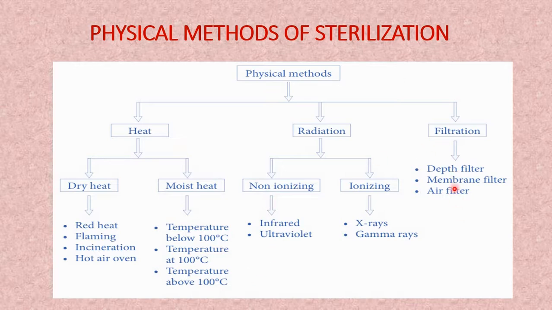Depth filters and membrane filters are mainly used in liquid filtration, that is liquid sterilization. Coming to the air filters, we went through the different types, and mainly the HEPA filters, which are used in the laminar airflow cabinet. And this radiation we will discuss in the next part.